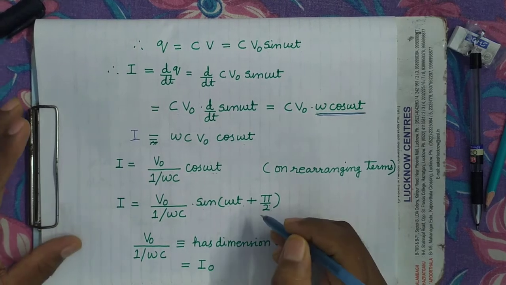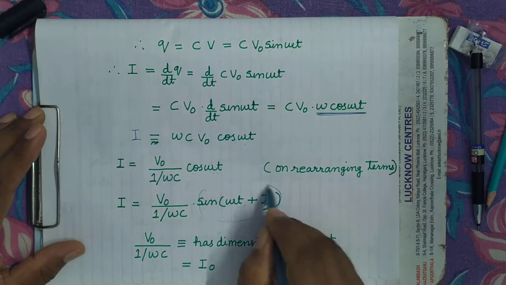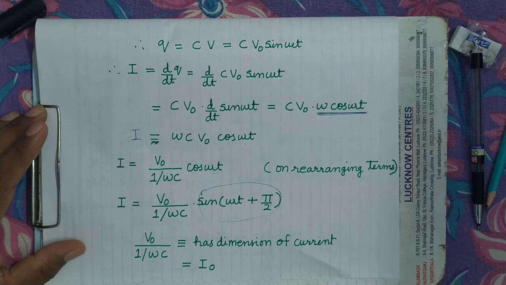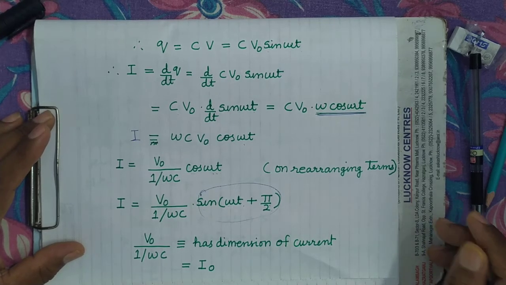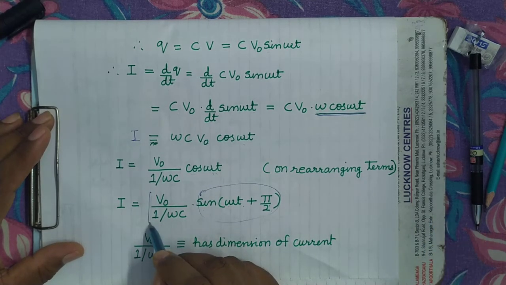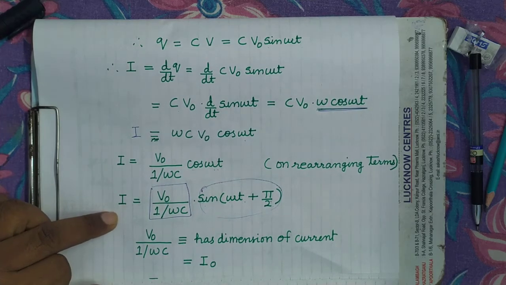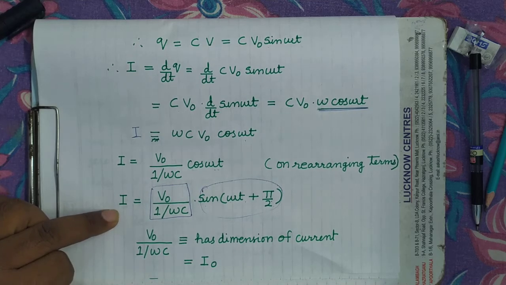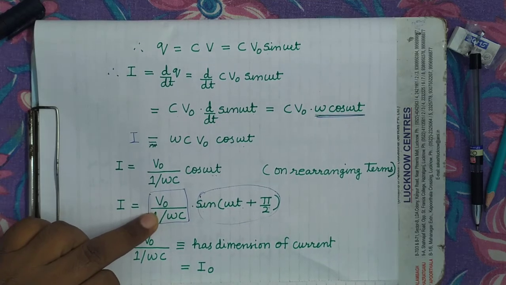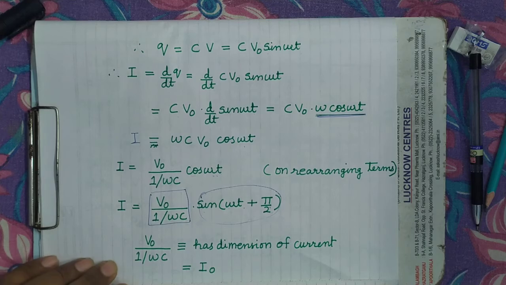So see here, this term is the dimensionless term because it is a trigonometrical term. Therefore, this term will have the dimension of current, because on this side there is current. This is the formula of current. Therefore, it will also have the dimension of current. It's clear?